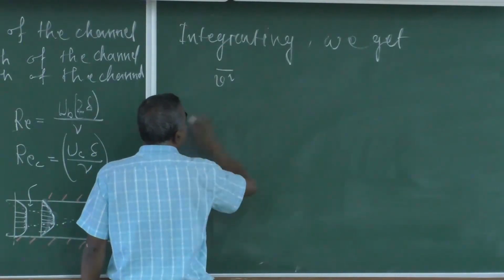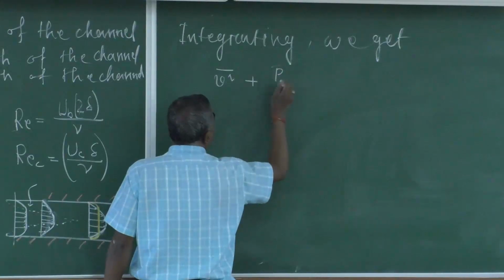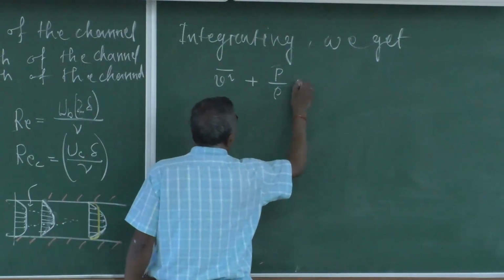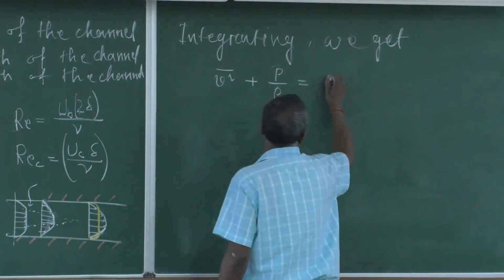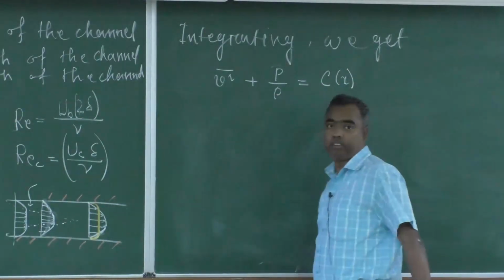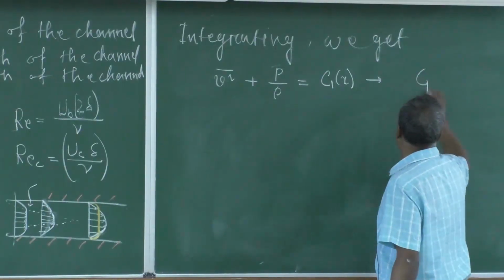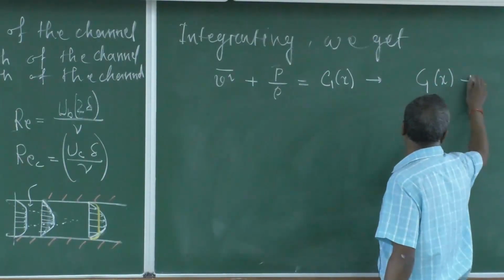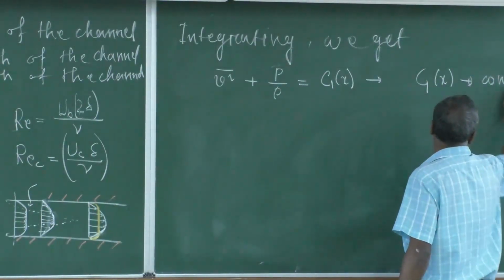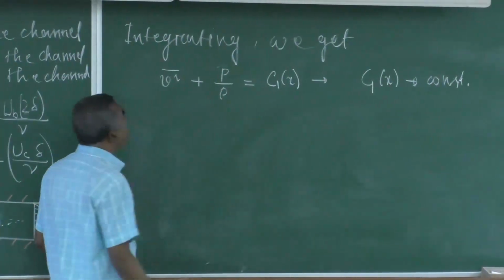So, v square, right, plus p, capital P by rho equals to some constant which can be a function of x. Okay. So, let us say it is C1, which can be a constant which can be a function of x, right.